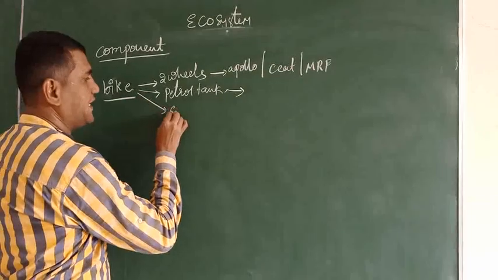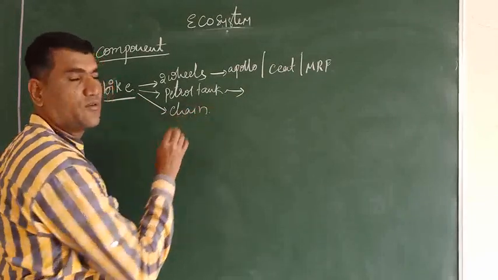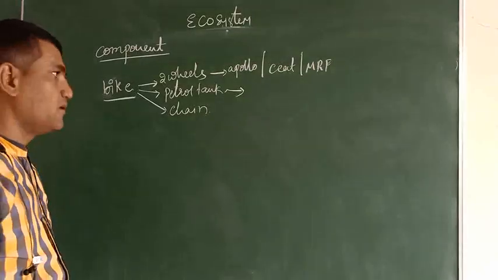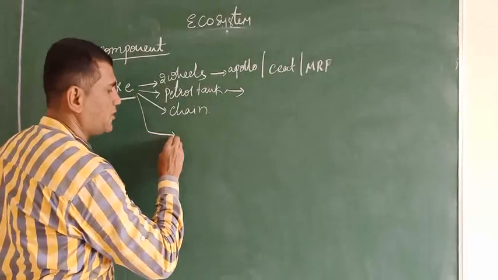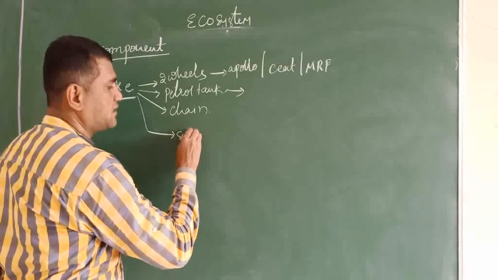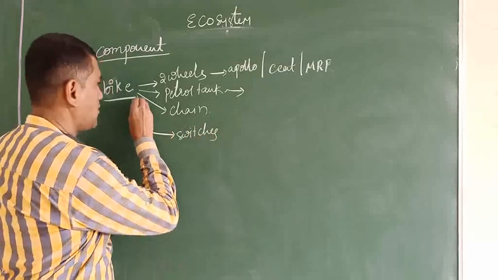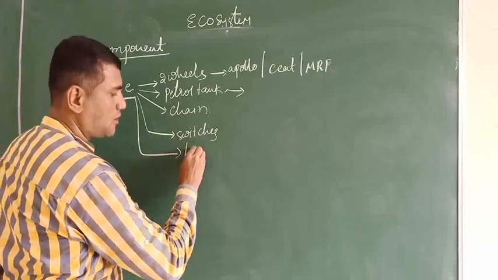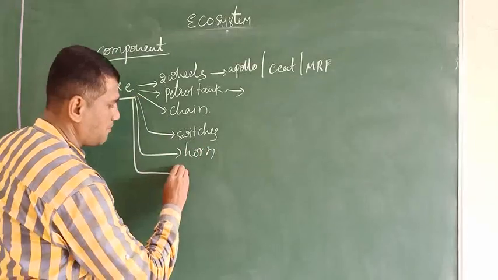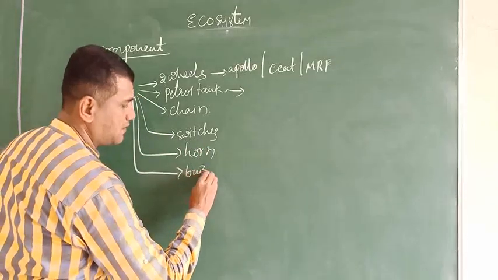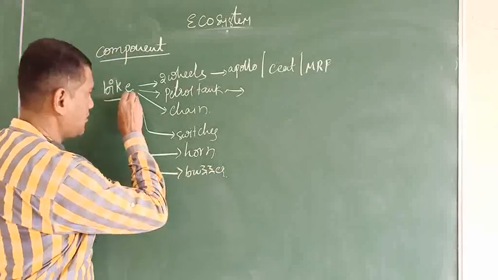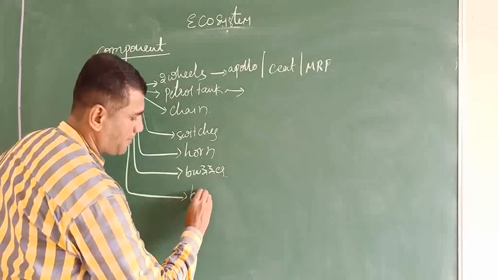It has a chain. Chain will also be of different origin. And it has certain components like switches, horn, buzzer, brakes.